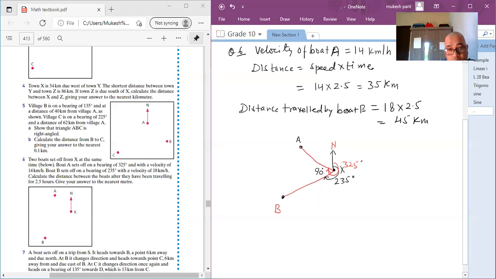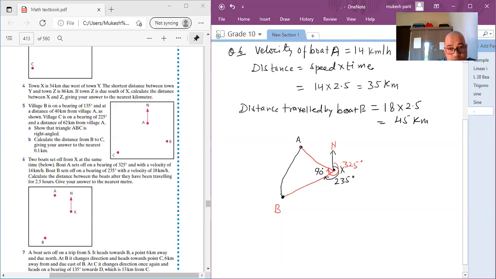Now join A and B. Assume all lines are straight. On the screen, although it is not looking straight, you have to take it as a straight line.